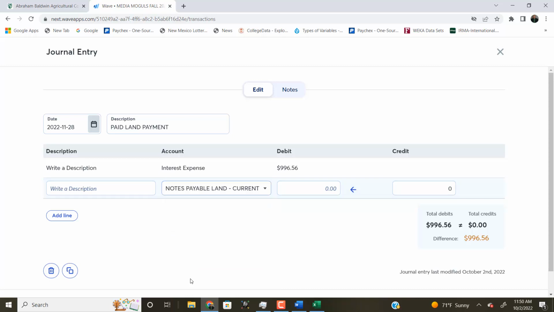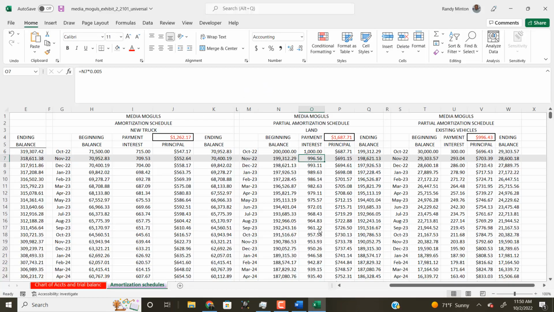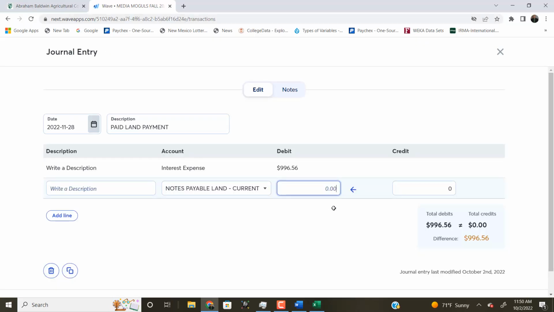Here it is. So I started mine out with notes payable. Yours might be different. You might have started it out with land. 691.15. 1687.71. That sounds like the right number for cash.